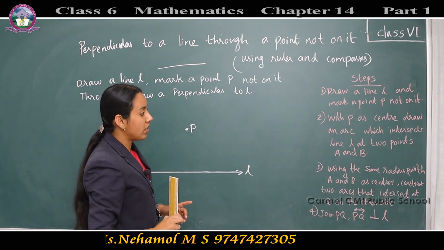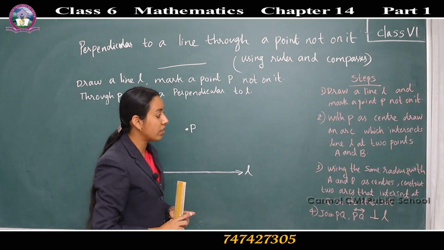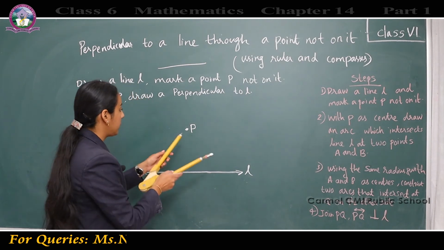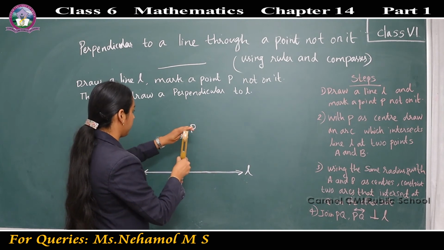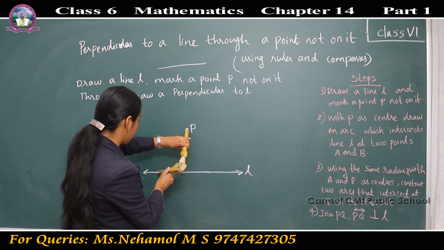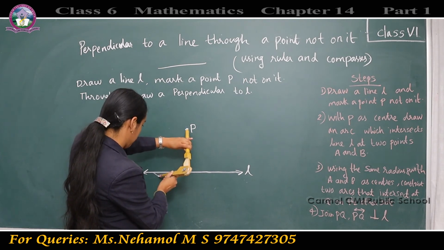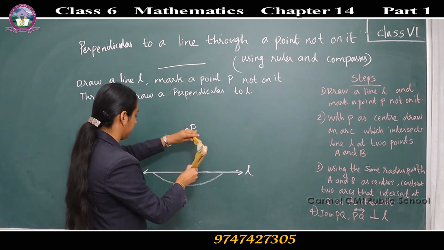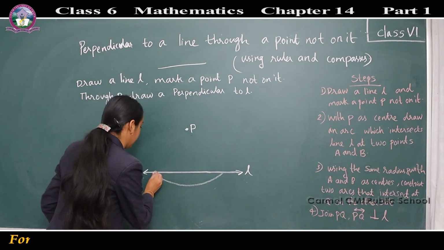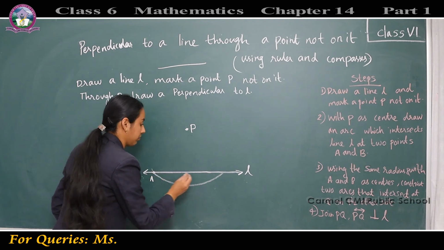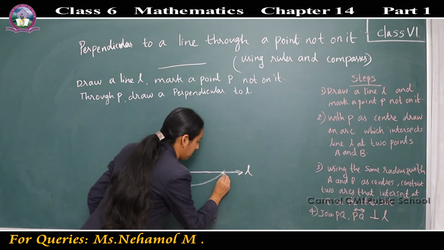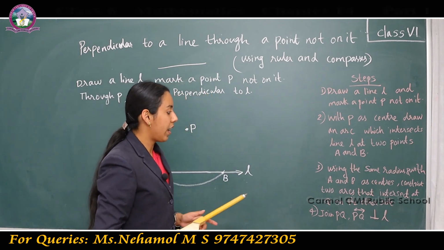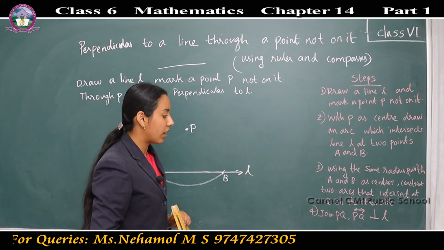Then with P as center, draw an arc which intersects line L at 2 points A and B. Let this point be A and this point B, intersecting points.